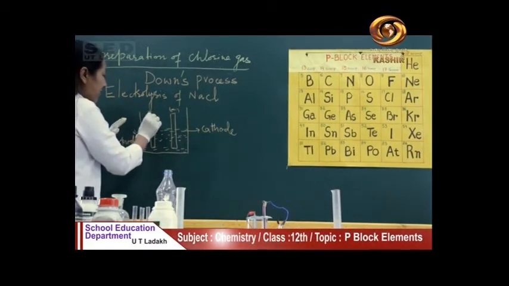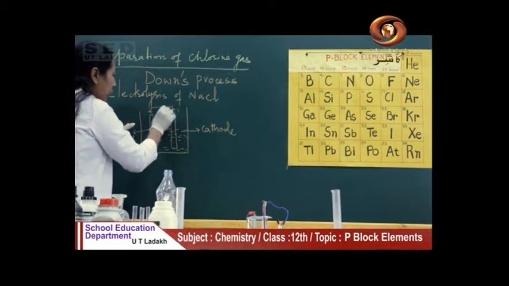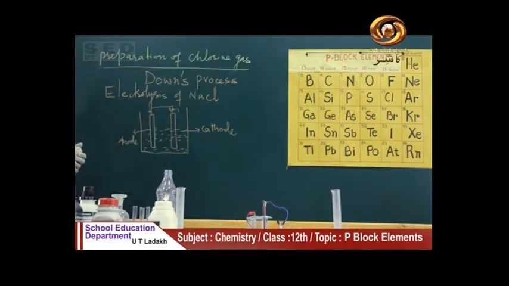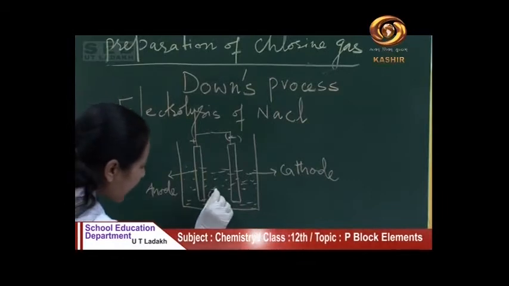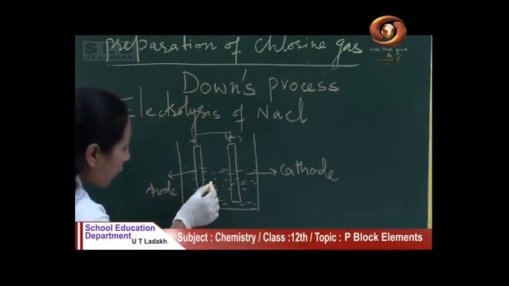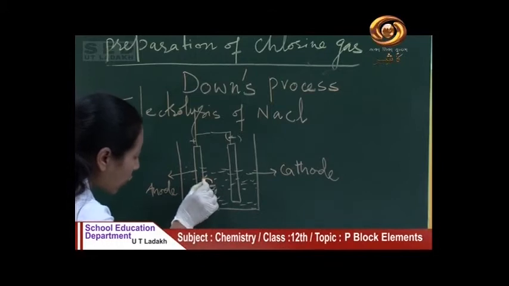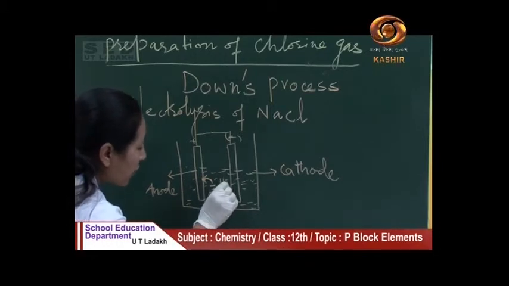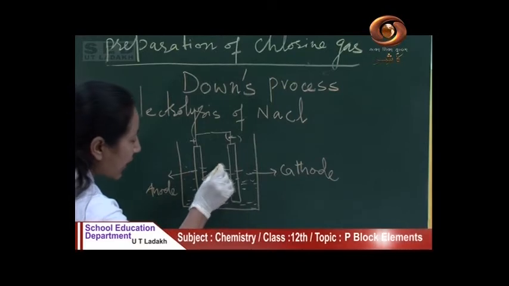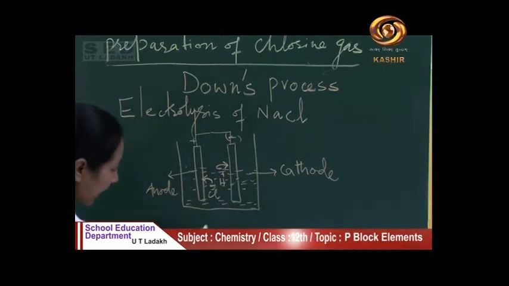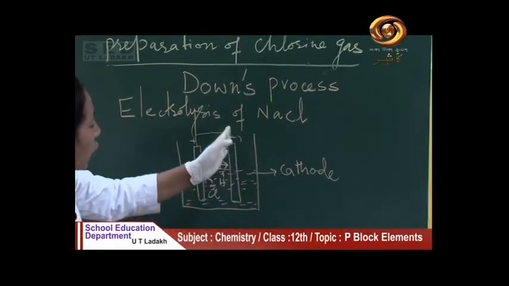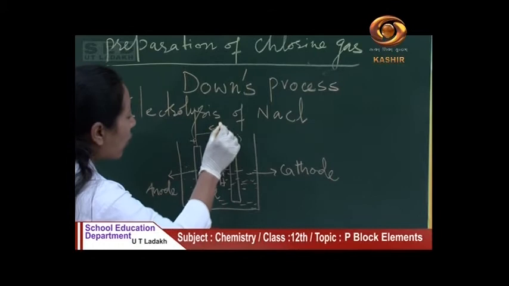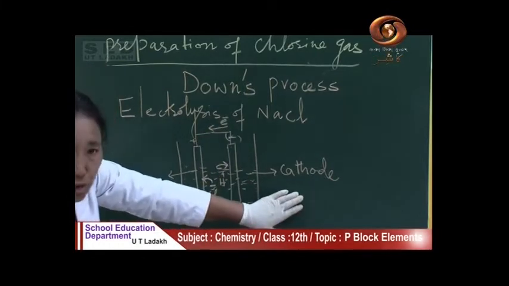By connecting the 2 wires, we will observe that Cl negative will be attracted towards the anode and H positive towards the cathode. In this setting, electrons travel from the anode to the cathode.